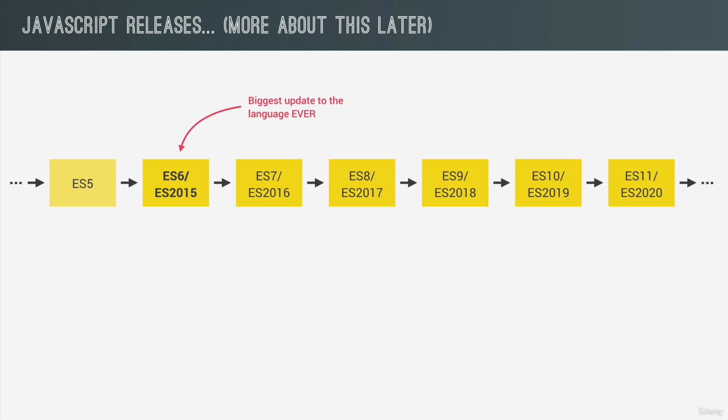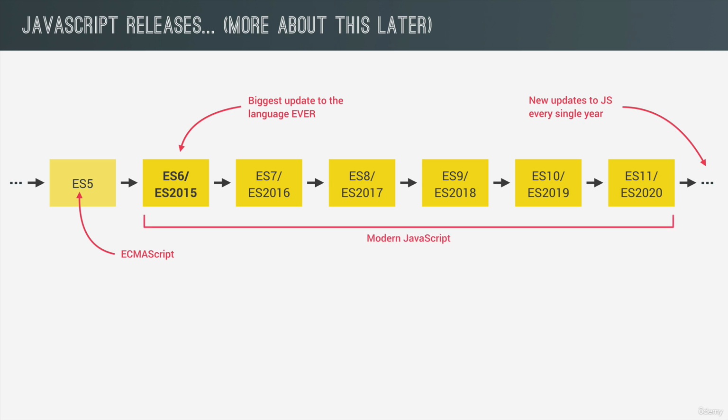But most people just call it ES6, simply because it was the release after ES5. And by the way, ES stands for ECMAScript. Now, after ES 2015, there is a yearly new release with a couple of new JavaScript features. All of these new releases, or versions, starting from ES 2015, is what we call modern JavaScript.